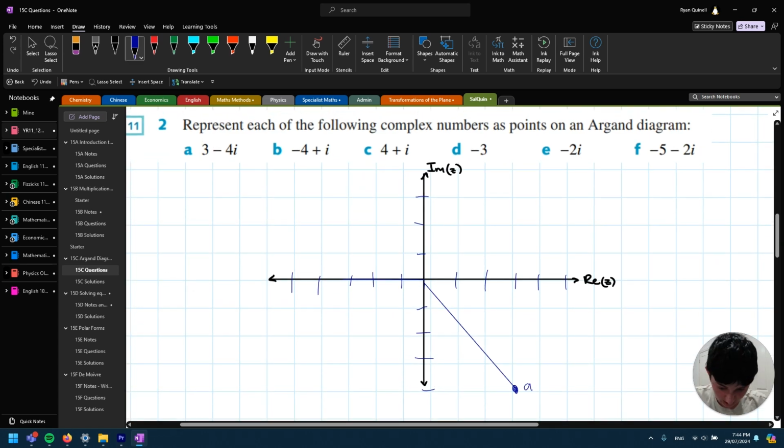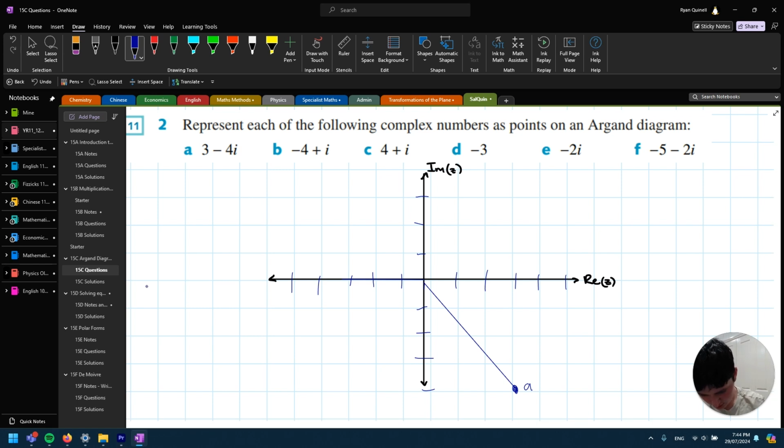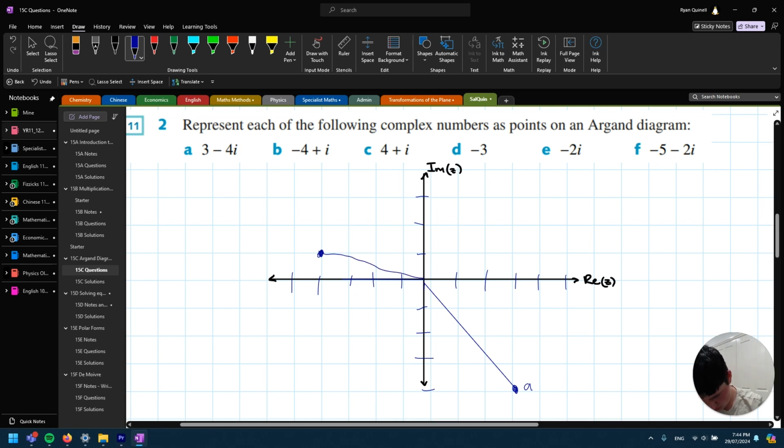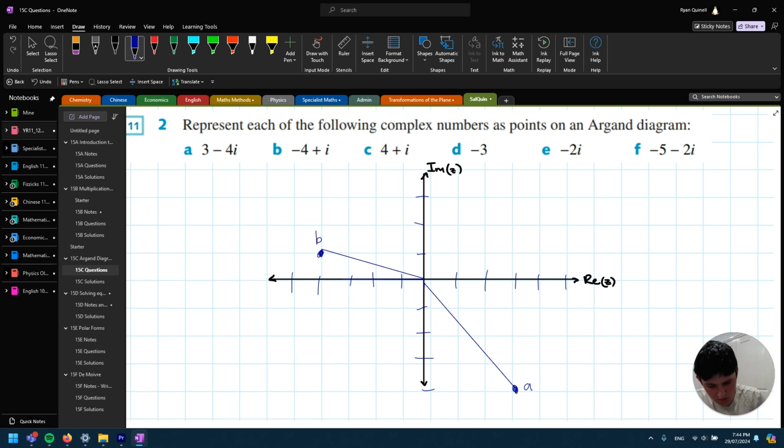B is -4 plus i. -4 units about the real axis, plus 1, so it's here, and we call this B. C is 4 plus i. 4 units in the positive direction plus 1.